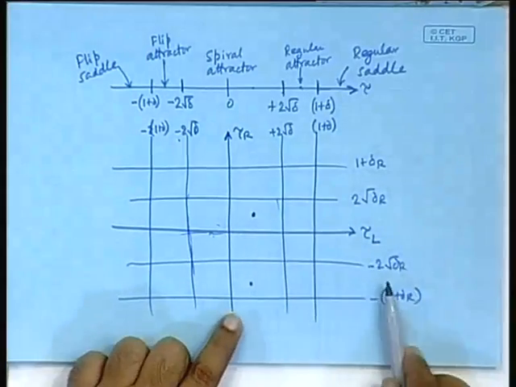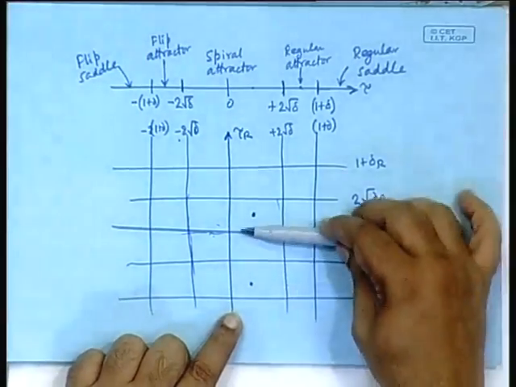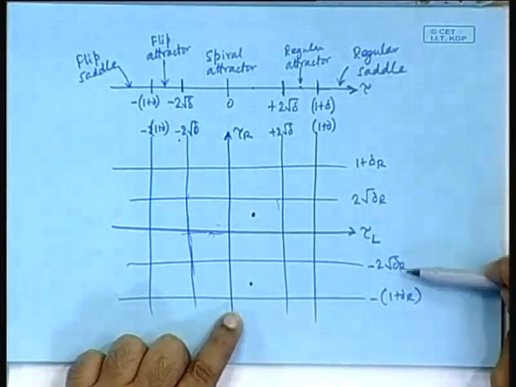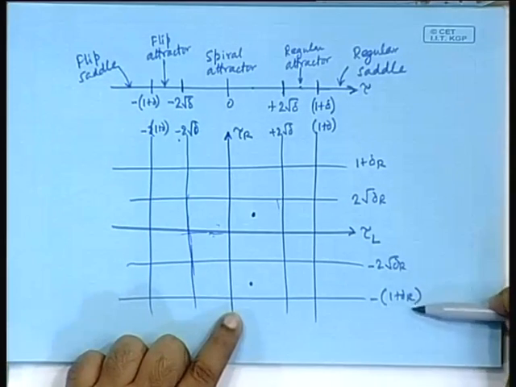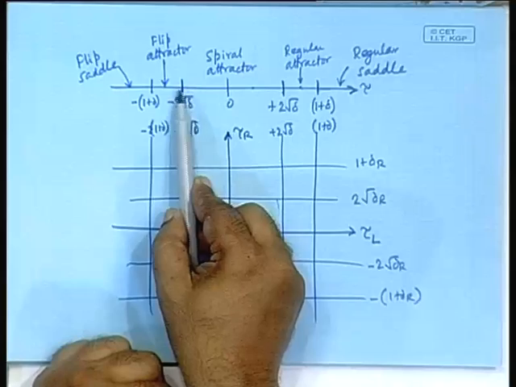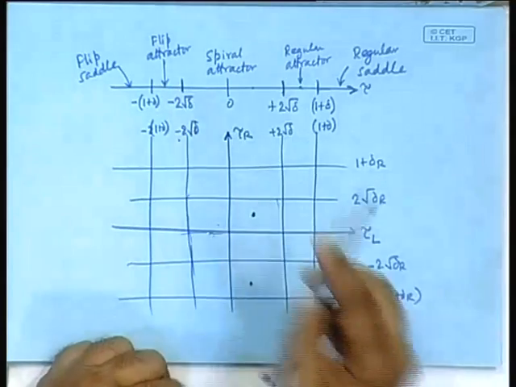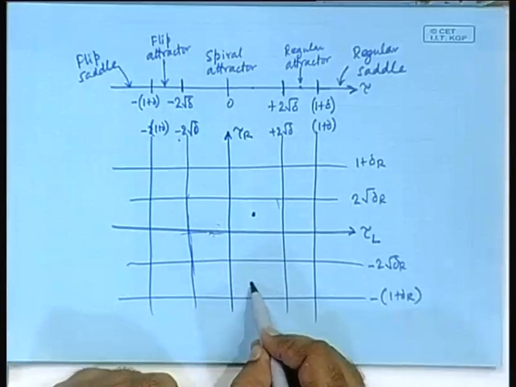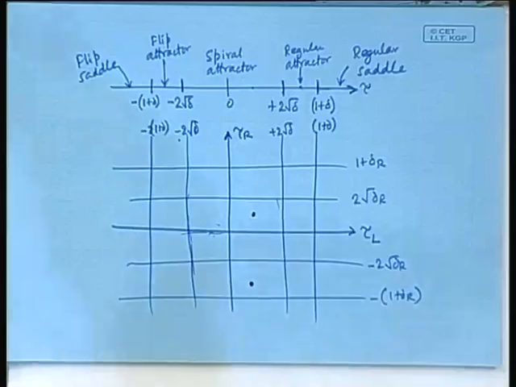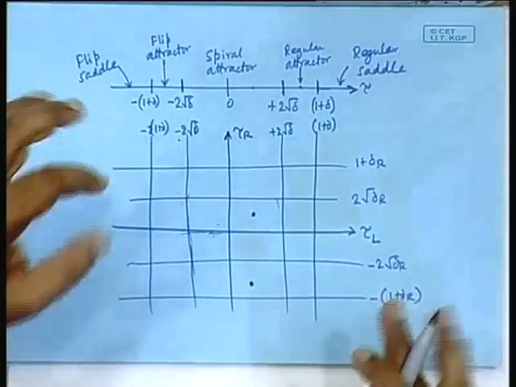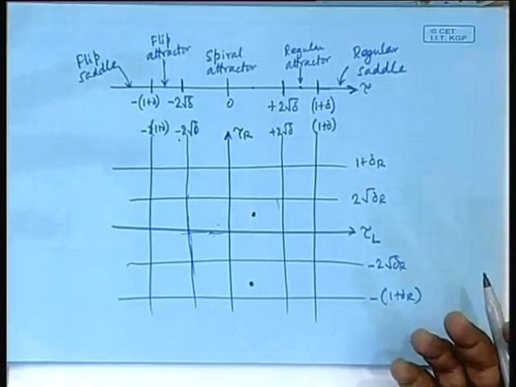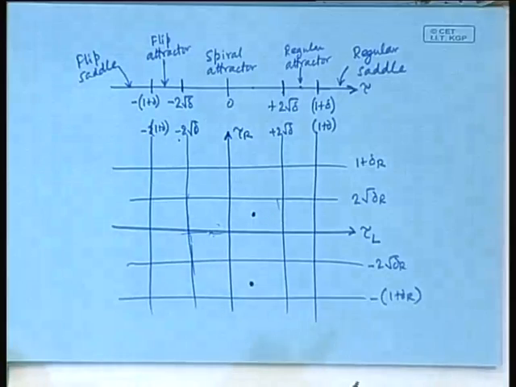Here it is less than minus 2 root delta, between minus 2 root delta and minus 1 plus delta, which means a flip attractor. Which means, if the parameter is placed here, a spiral attractor hits the border and turns into a flip attractor. Now, this picture sort of more or less resembles the picture that we have drawn earlier.